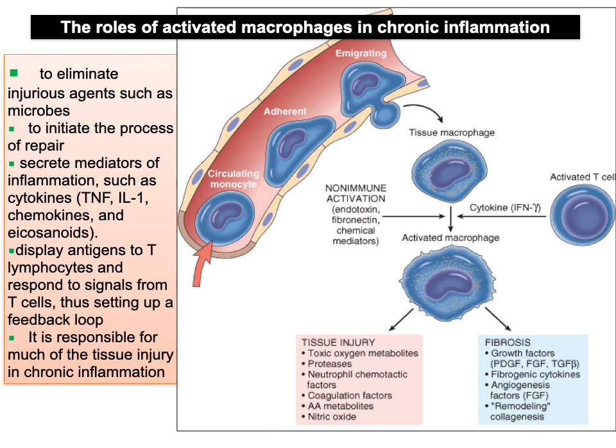So, murag strengthen niya, mag-feedback loop siya. Kaya mo-present siya inflammation sa T lymphocytes, mo-present siya og antigen sa T lymphocytes produce og cytokines na magtawag og bag-o nga monocytes to become macrophages. Okay? So it is this feedback loop that is responsible for the long-standing injury seen in the cells. Okay?